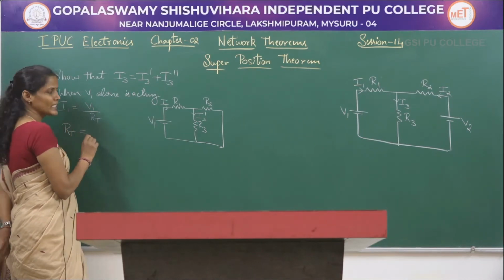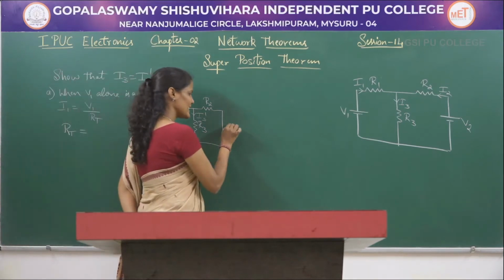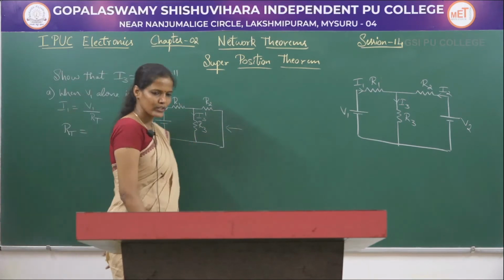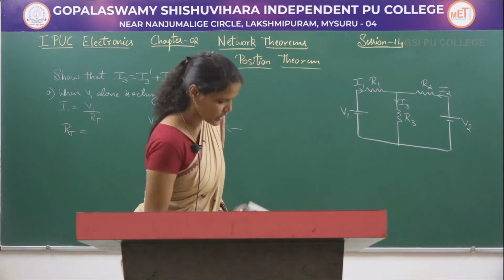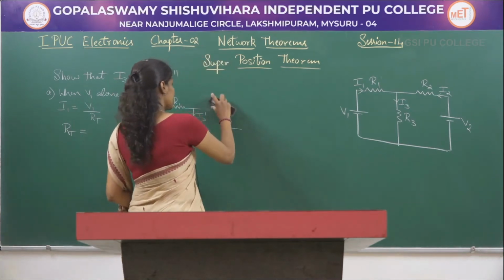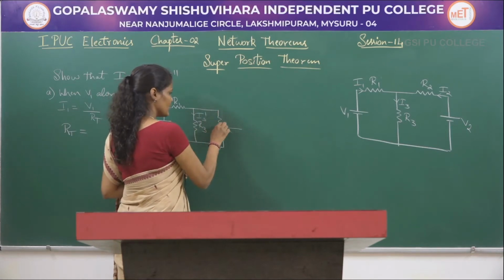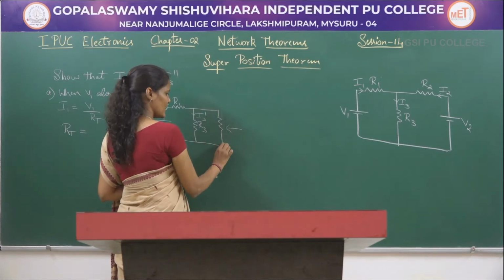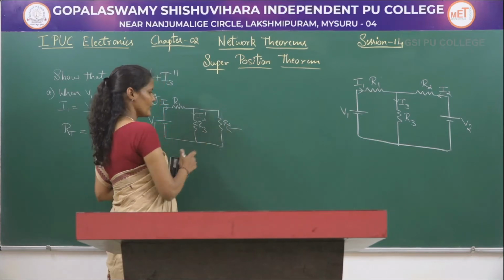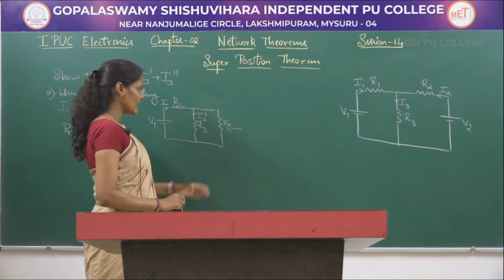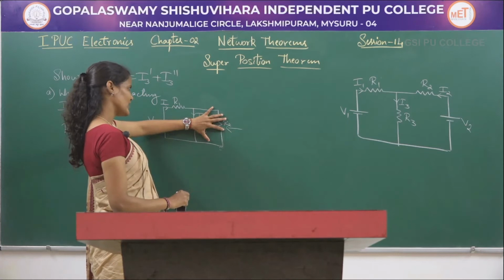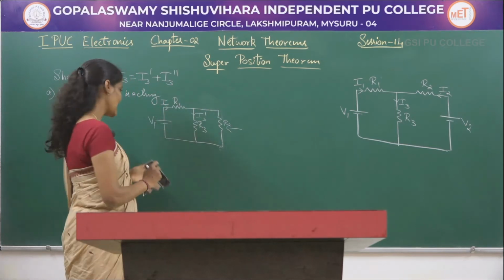So R total has to be found. If you look from this point, R2 is placed in such a way that R3 and R2 can be considered as the two resistors which are connected in parallel. So R2 and R3 are in parallel and that parallel combination is in series with the resistor R1.